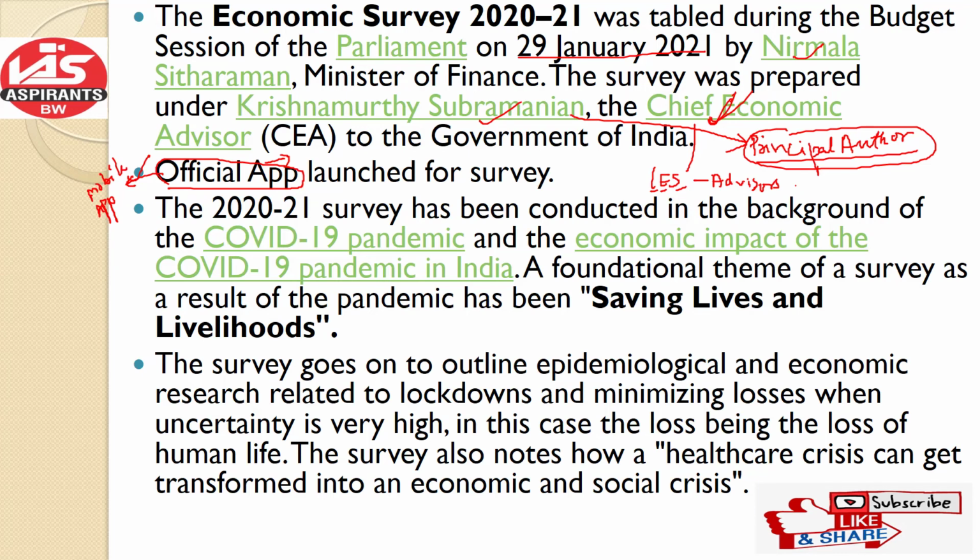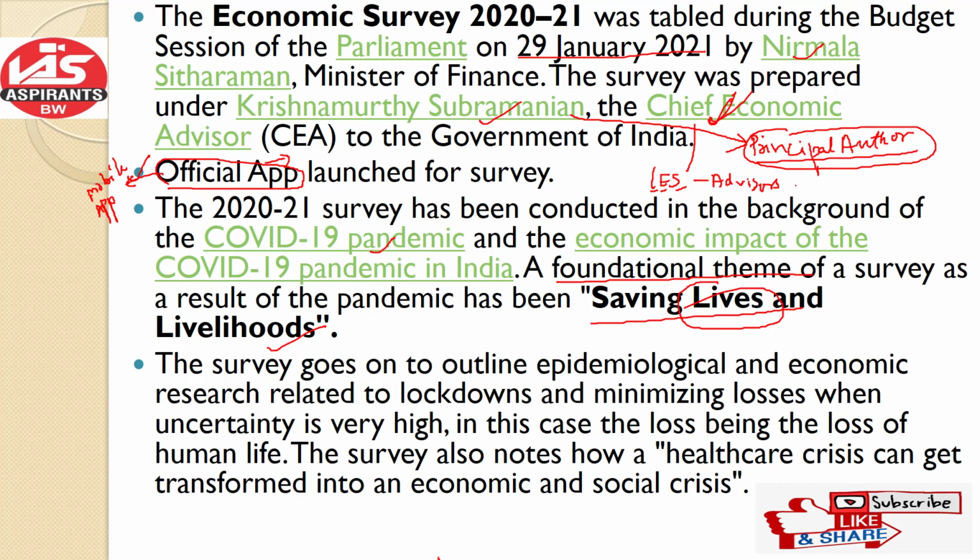And obviously we know there has been a pandemic going on, so our survey also focuses on the pandemic and how we have taken measures to minimize the losses. And especially when I say losses, we are talking about the lives of the people. So the foundational theme on which the economic survey 2020 to 21 has been authored is saving lives and livelihoods.